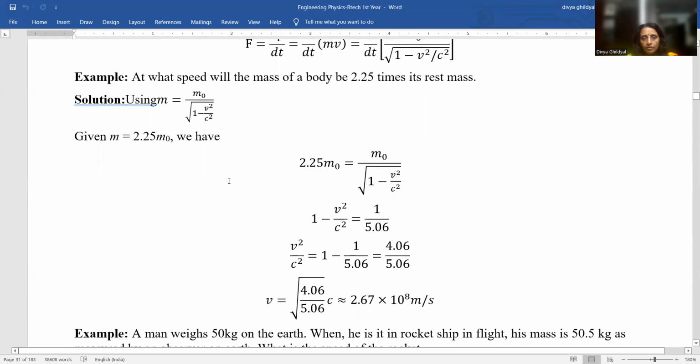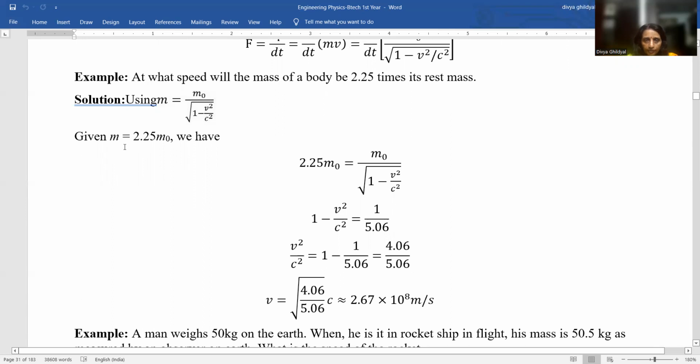Let us have a look at the numerical that is asked from this portion. At what speed will the mass of a body be 2.25 times its rest mass? From the concept of mass, we know that m is equal to m0 upon under root of (1 minus v square by c square).